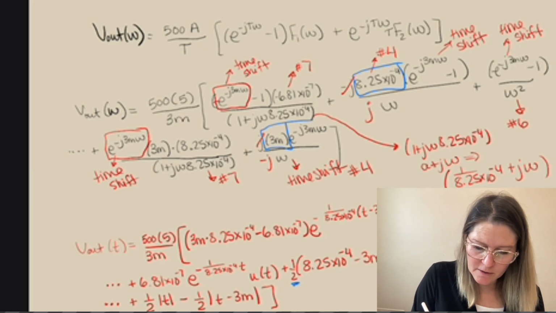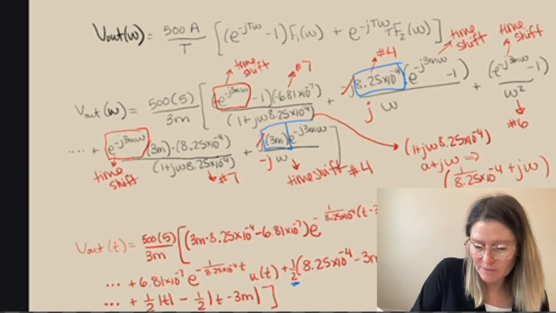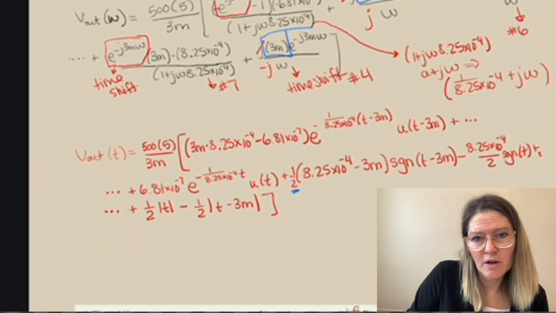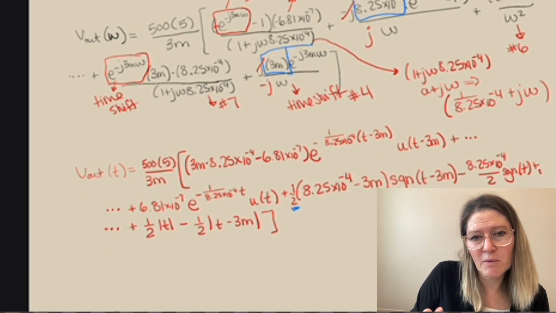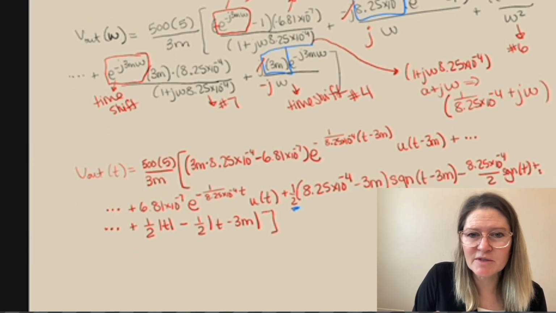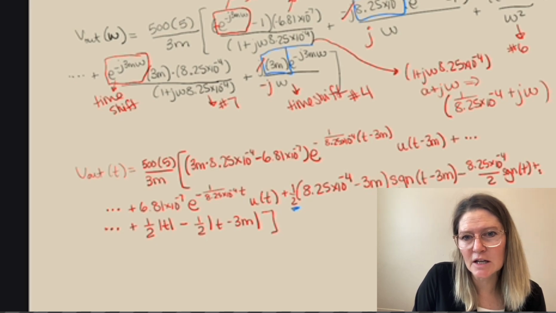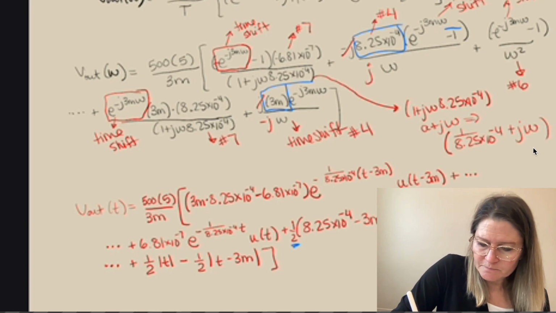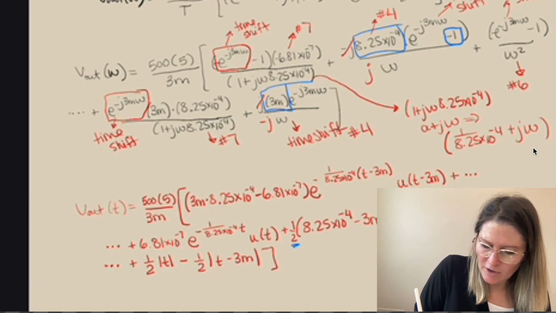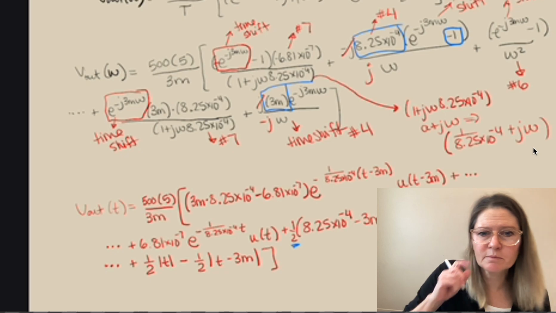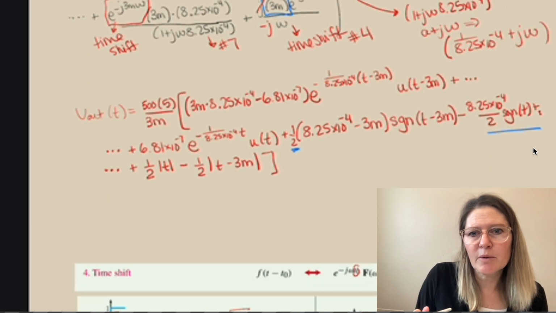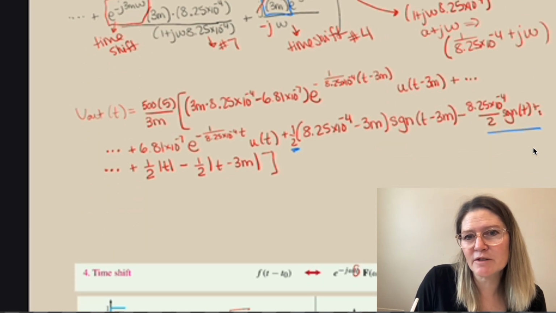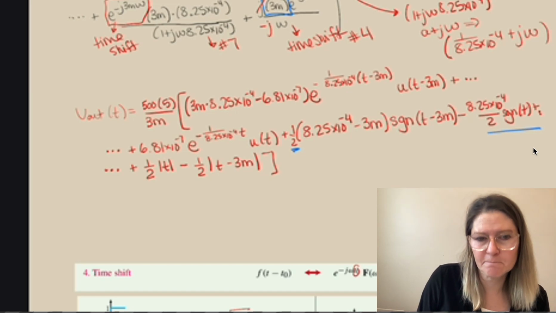So I have 8.25 times 10 to the minus fourth, and then I subtract off the minus 3 milli, and then that becomes a sine t minus 3 milli, and then I have the minus 1 up here, and so that becomes this term of the minus 8.25 times 10 to the minus fourth over 2 sine t.